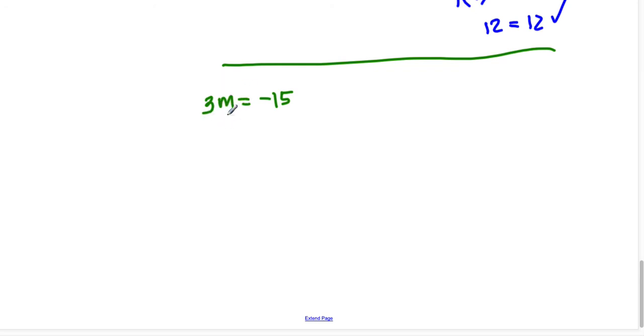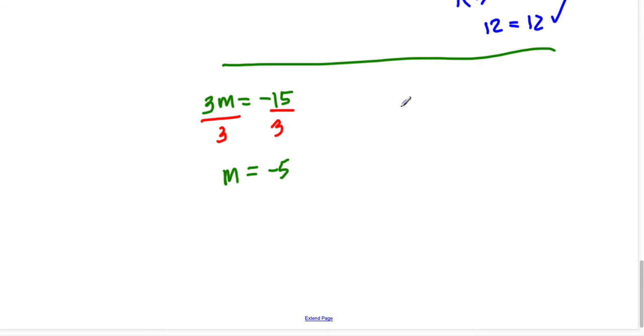That means we need to undo 3, and we know that 3m is a multiplication expression, 3 times m, so we need to undo it by using division. So we undo 3 by dividing 3m by 3. And since it's an equation, we need to divide the other side by 3 as well. So we're left with m is equal to negative 15 divided by 3, which is negative 5.